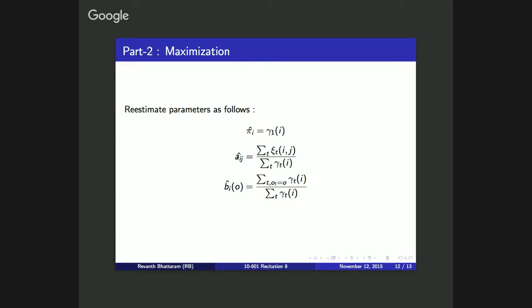So if you think of it in terms of the number of samples that you observe, this is essentially telling you that, okay, I've seen my observation sequence. I am summing up all instances where I jump from I to j, and I'm going to divide that by all instances where I'm at state I, and that'll give me the probability that I jump from I to j.